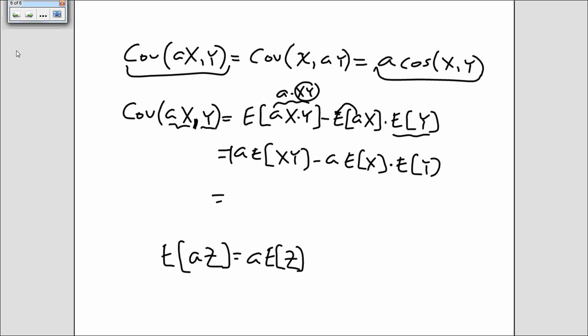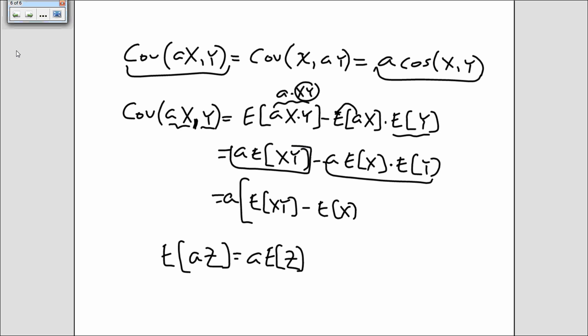Okay, between this term and this term, they both have an A in common, so I factor it out. I get E of XY minus E of X times E of Y. Now, what's in those big brackets with the A in front?